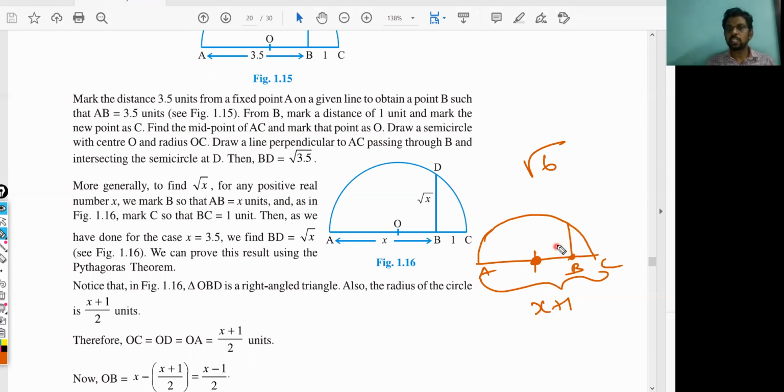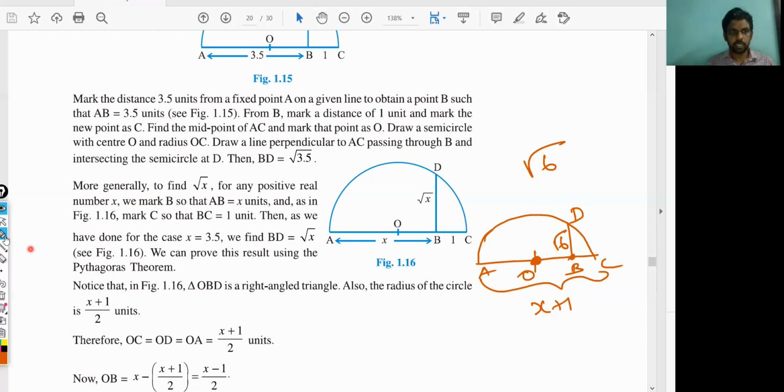If I give another name here, D, that's how they have given it, and I'll use the same notations. So BD will give you the length of that irrational number, which is root 6.